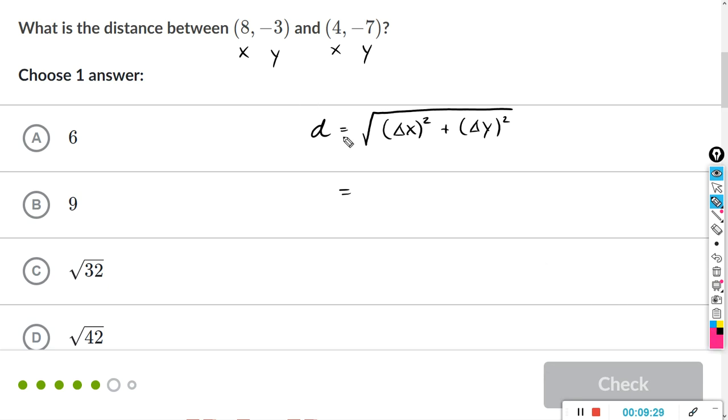For the x's, change in x, I'm going to subtract 8 minus 4, and that gets squared. And then for the y's, I'm going to subtract negative 3 minus negative 7, and that gets squared as well.